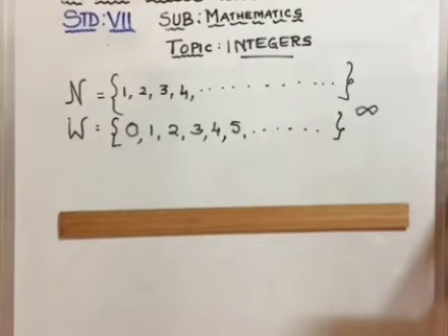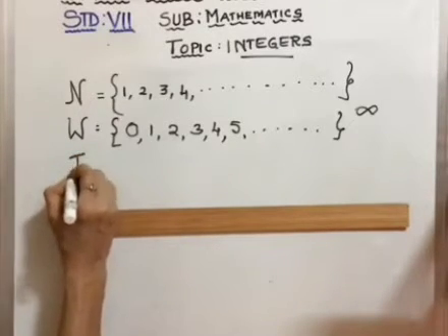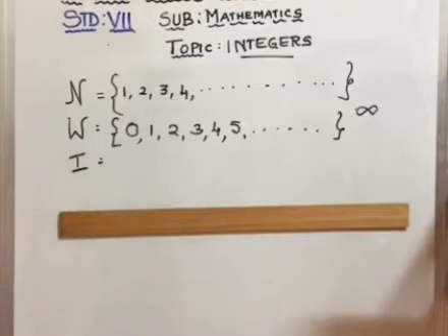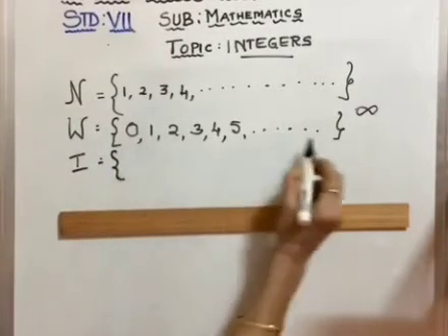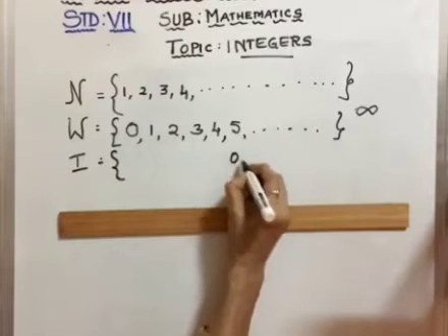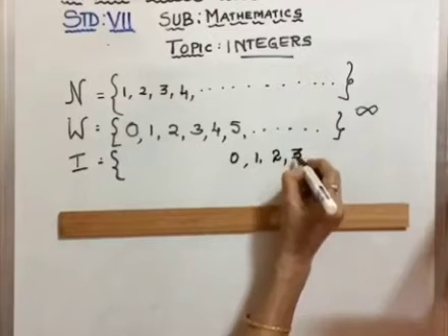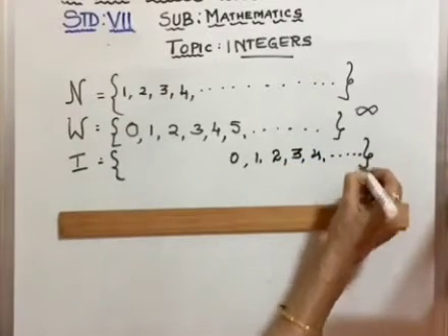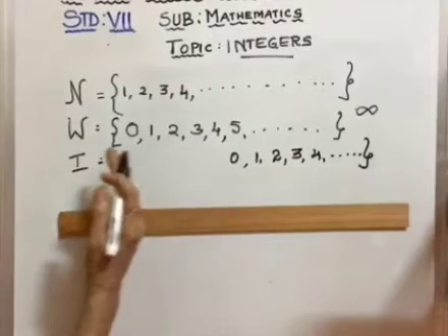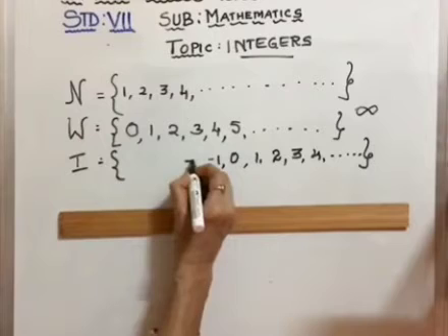Already you have some knowledge about integers. Let's continue with that. Now, please write the set of integers. All the whole numbers 0, 1, 2, 3, 4, etc. Close the bracket. On the negative side, minus 1, minus 2.